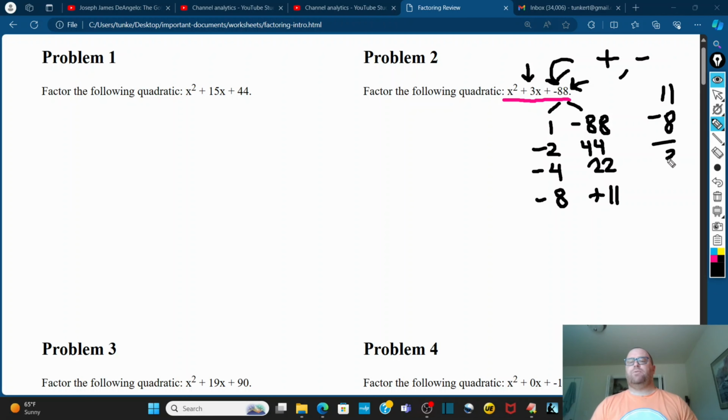We're going to keep it as a positive 3 because the number that is further away from 0 on the number line, the 11, has a positive sign. So that gets me to where I want with that middle term. I can write my factored form for number 2 as x minus 8 times x plus 11.